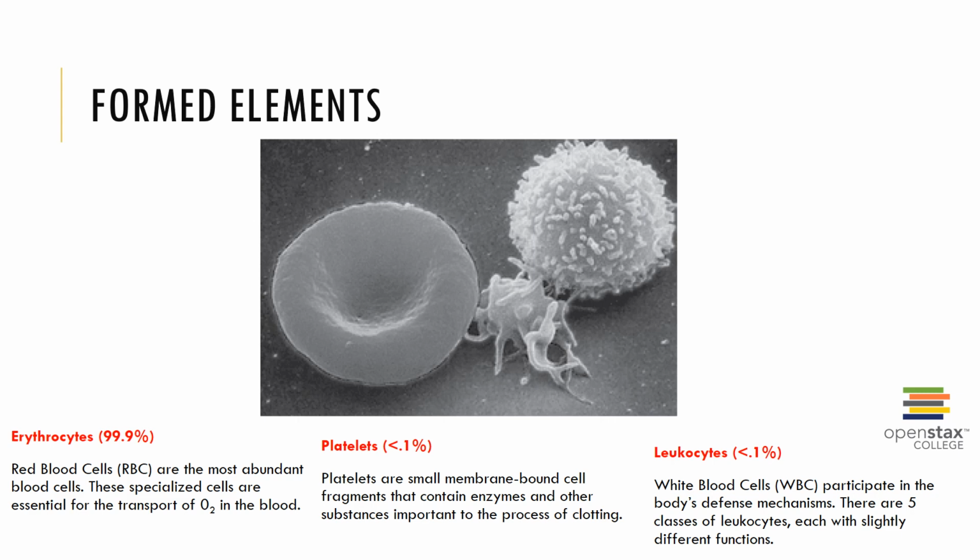Thrombocytes are also known as platelets. These are not true cells, but instead are only small, membrane-bound cellular fragments that contain enzymes and other substances important for the process of blood clotting.